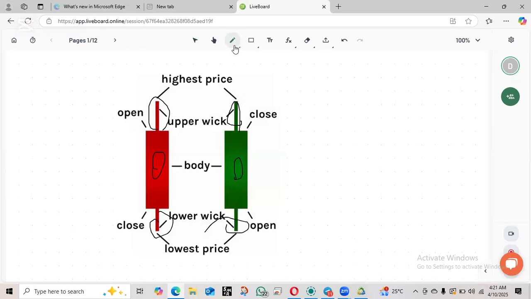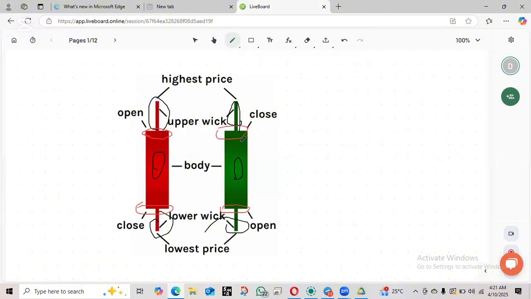Besides having the wicks, it also has what we call the open. This is the open for the bearish candle, and this is the open for the bullish candle. That's the close. This is the close for the bearish candle, and this is the close for the bullish candle.